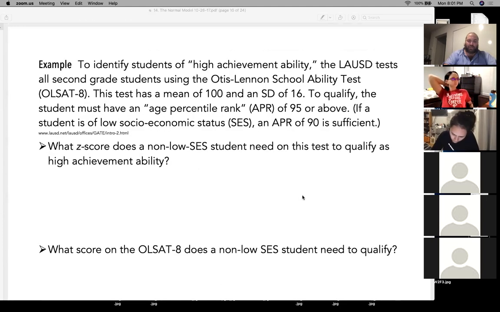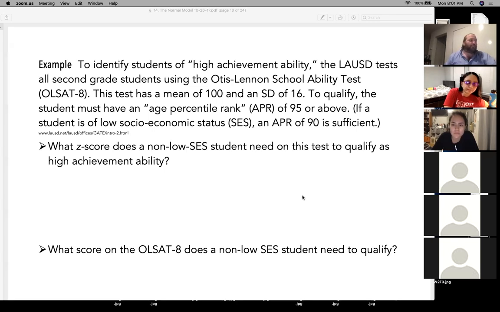The question is, what score with a mean of 100 and a standard deviation of 16 corresponds to a Z-score of 1.645? How would I go ahead and do that? You could graph 2 standard deviations out and see that 132 is at the 95th. The problem with graphing is it's not very exact.